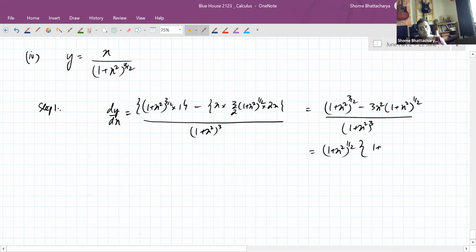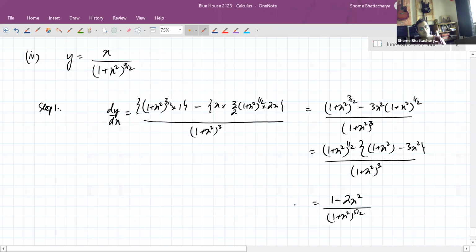So we are left with 1 plus x square minus 3x square upon 1 plus x square to the power 3. And also we can, these are common factors. So numerator will become 1 minus 2x square and denominator can be reduced to power 3 minus half, so power 5 by 2. So this is our dy by dx.